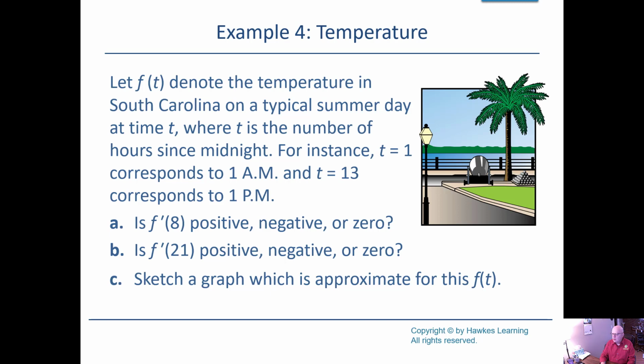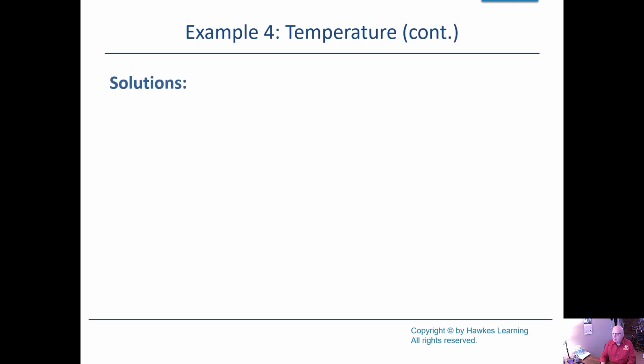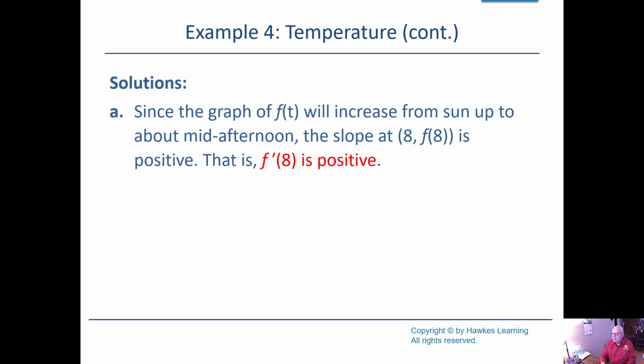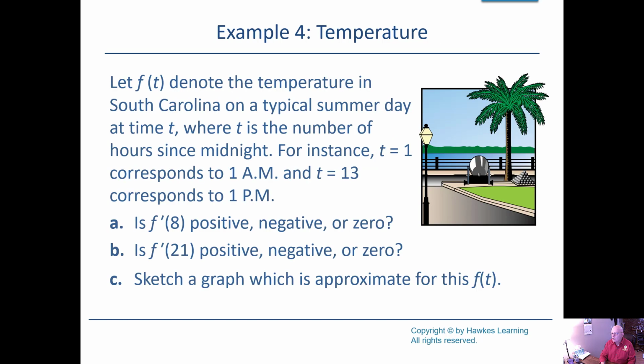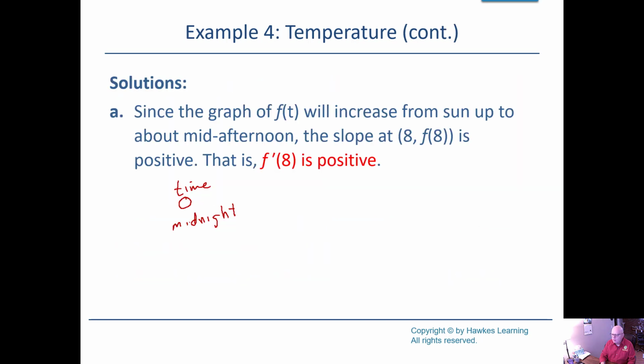So we want to find out three things. Since the graph of f of t will increase, remember, what we're doing is we're going from time 0, which is midnight. And what were we talking about? We're talking about the temperature. So we're going from midnight to 8 a.m. Remember, this isn't 8 p.m. That would be f prime of 20.